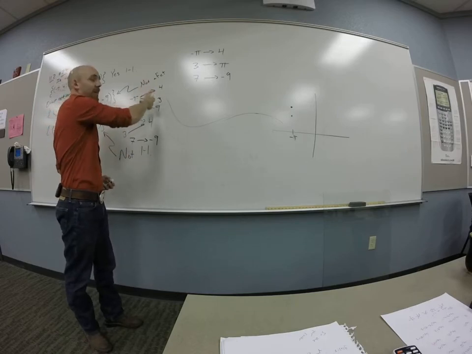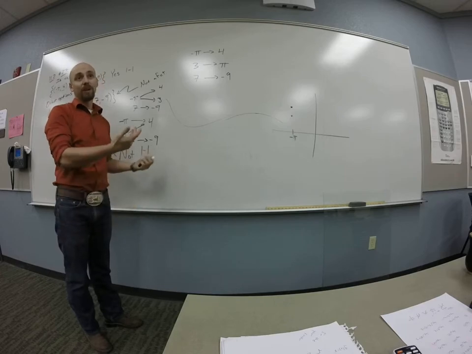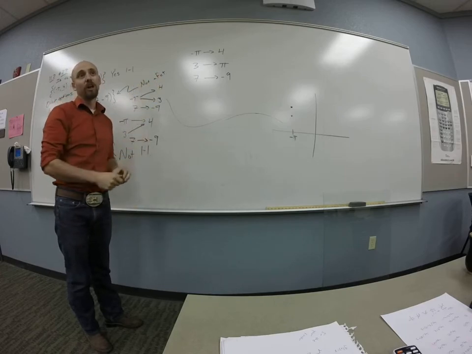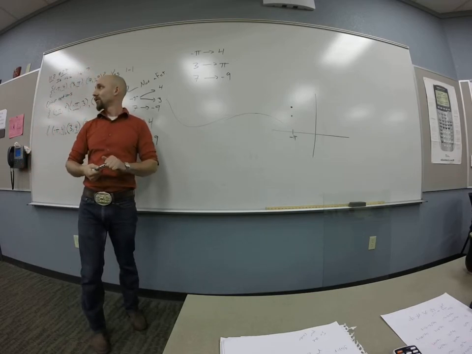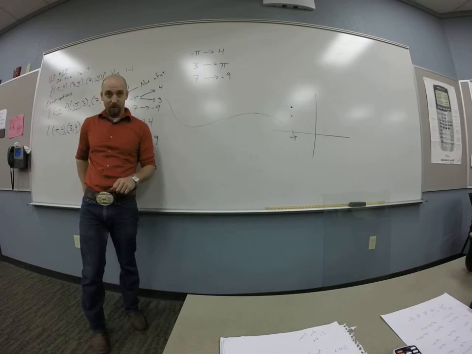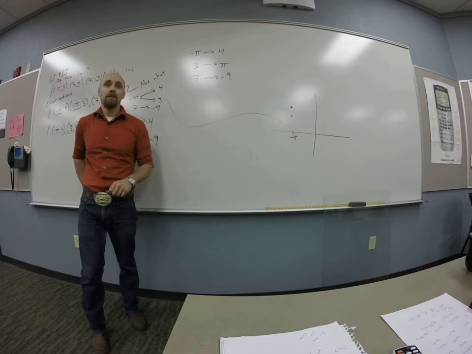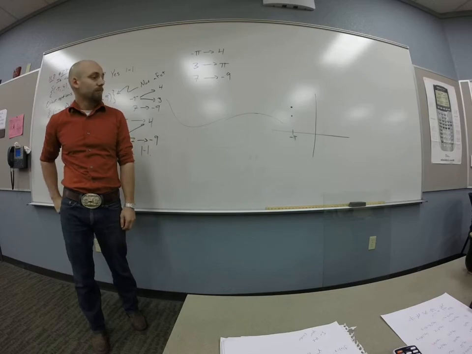This is an input that has two outputs. It's some relation, but it's not a function. Cool? Question? So, if it has the same input and different outputs, it doesn't pass the vertical line test. Yeah, exactly. It's not a function. Cool?